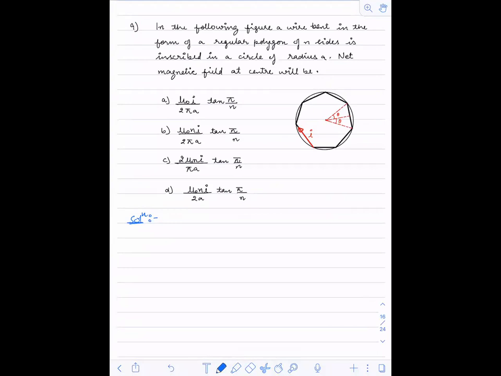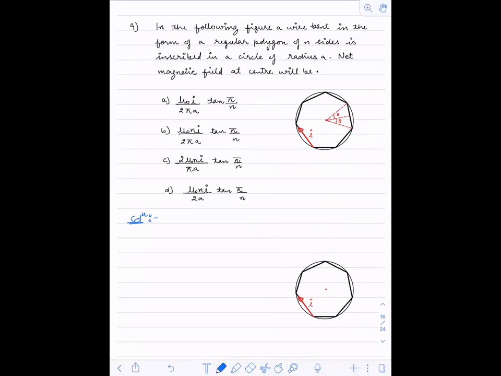Okay. So here, if you see this question, suppose the angle is not given. If the angle would have not been given, how you would have solved this problem? Theta by n, if it would have not been given.